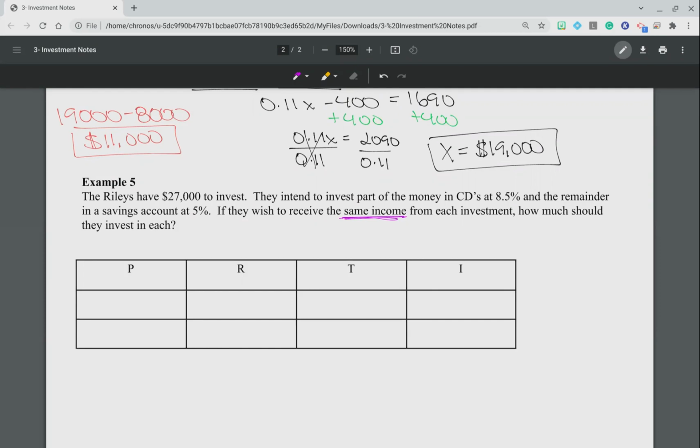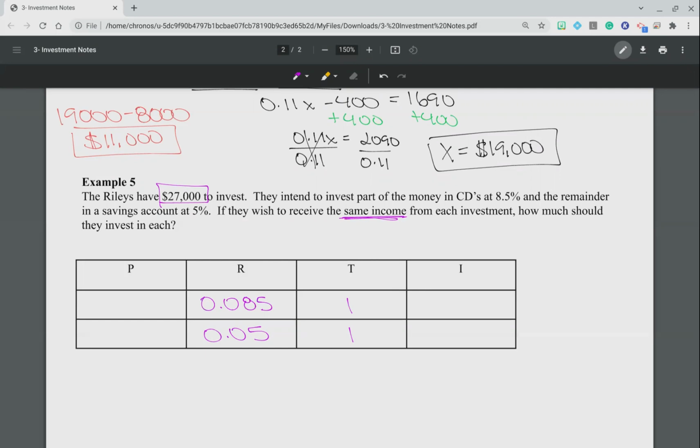All right, so I always like to start by putting my interest rates in the table. So my first one was in CDs at 8.5%, so that's 0.085. And the rest of it was in a savings account at 5%. Okay, both of these are for 1 year, so both of our times are T. And then our amount that we invested is $27,000.